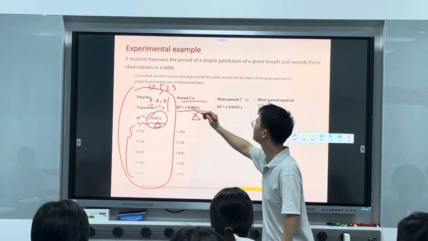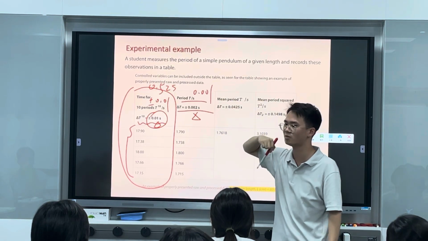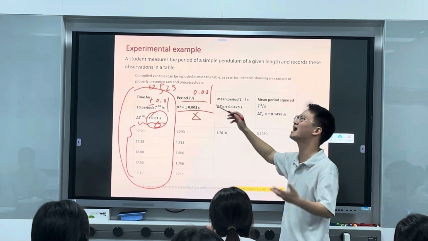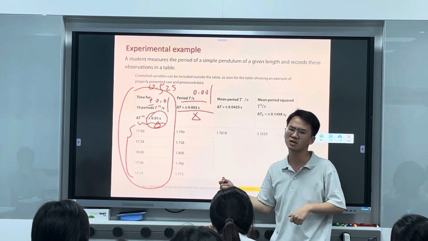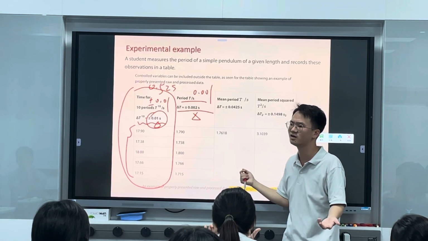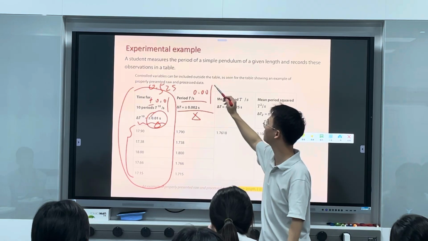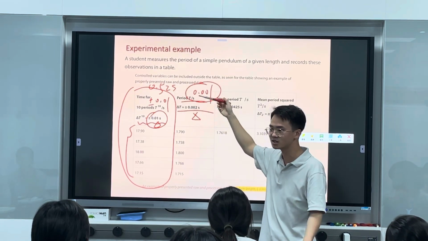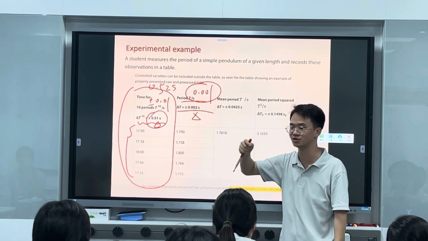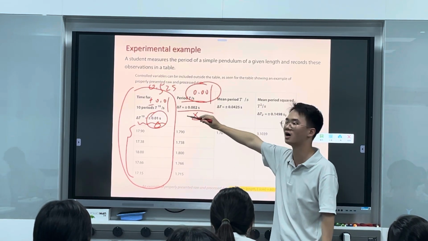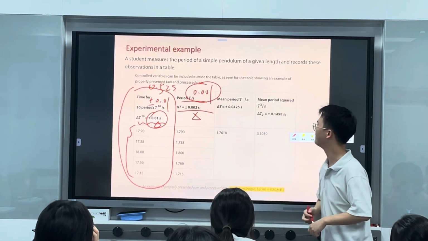So instead of really just using 0.01 divided by 10, which gives you 0.001, we believe that maybe our reaction time contributes to another degree of uncertainty. So you can pick an uncertainty that's greater than this one, as long as you justify your reason to do so. For example, you mention the reaction time here. Does that make sense?